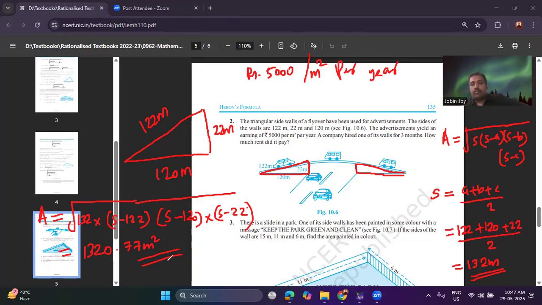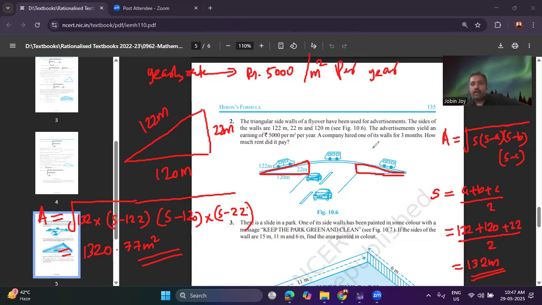Next is how you will calculate the rent. This is the yearly rate, right? Rupees 5,000 per meter square, that means per 1 meter square area. And what is the total area? 1320.77 meter square. This is the yearly rate per meter square.